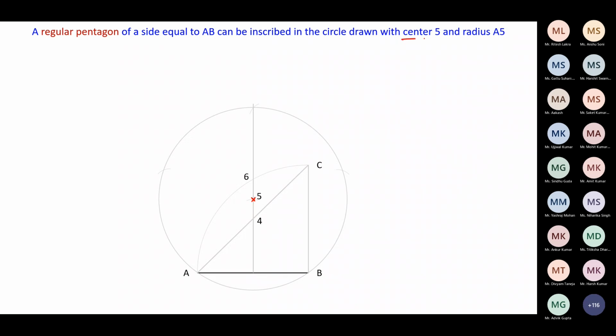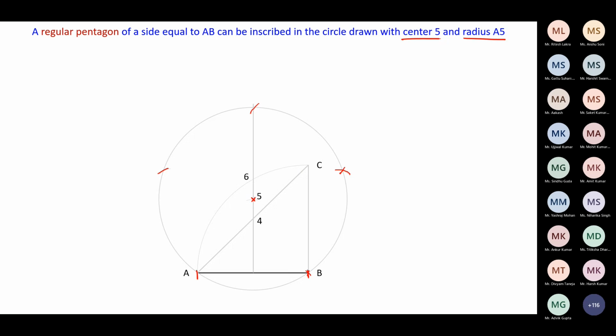Take the distance AB in the compass, put one point here, and with the other point holding the pencil mark here. Then after getting this point, put one end here and with the other end holding the pencil mark here. Similarly mark here. Then we'll get the 5 sides.